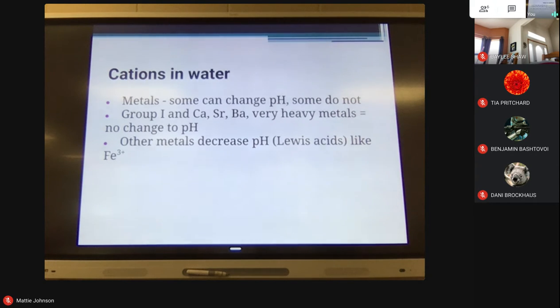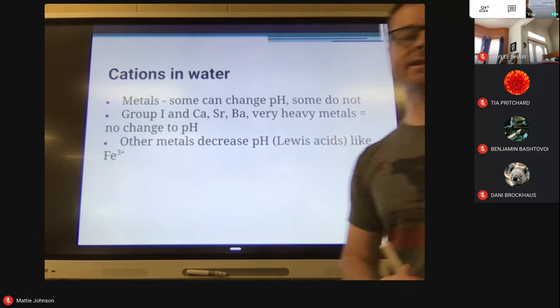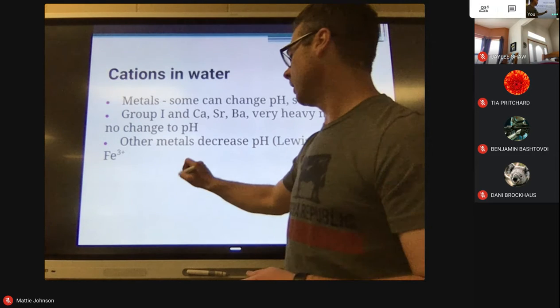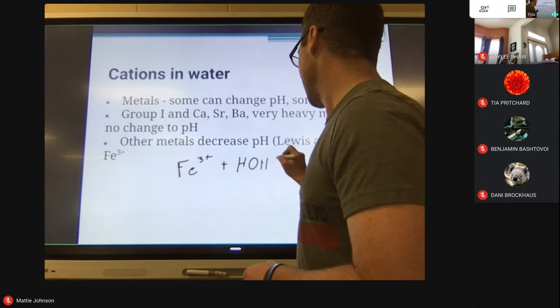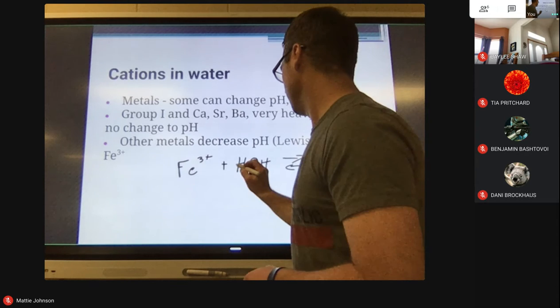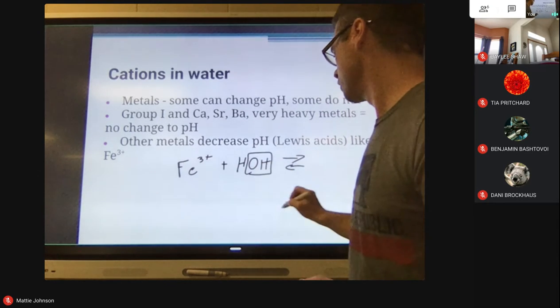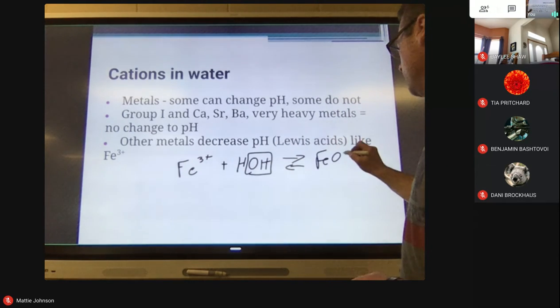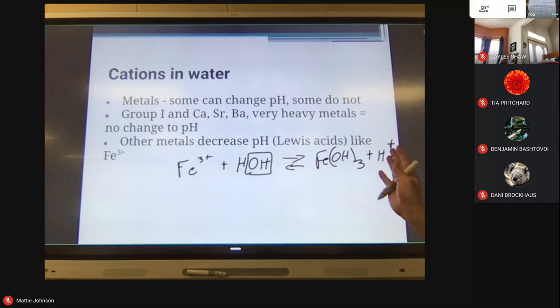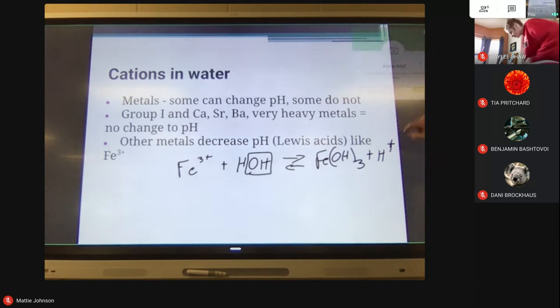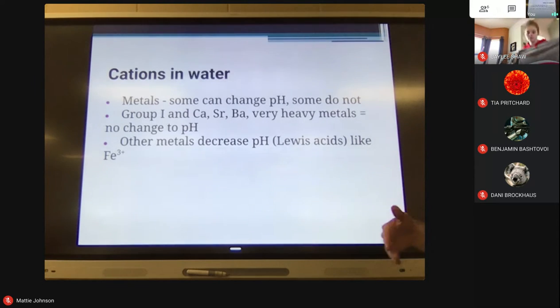Fe3+ is acidic. It is a Lewis acid. So what Fe3+ does essentially is it reacts with this, and it wants to join with the OH and leave those guys like that. That's why it's acidic, okay? But don't worry about that. Just know that Fe3+ is an acidic metal.